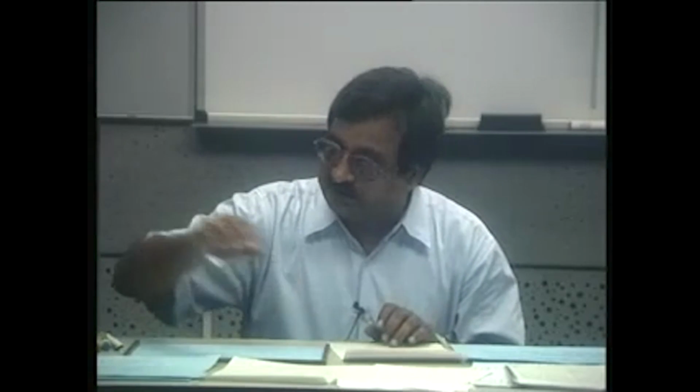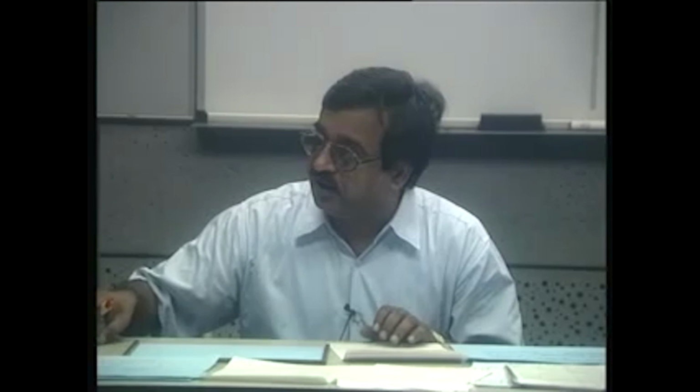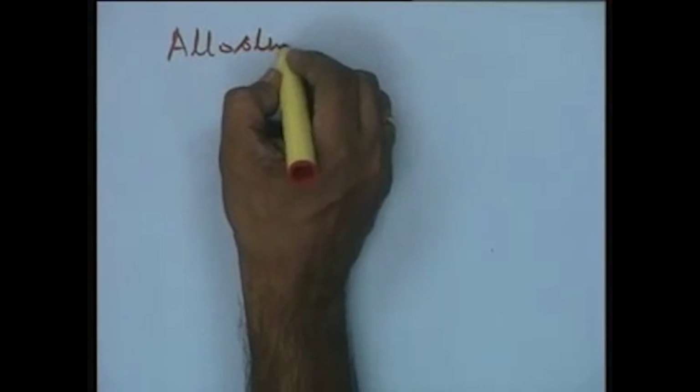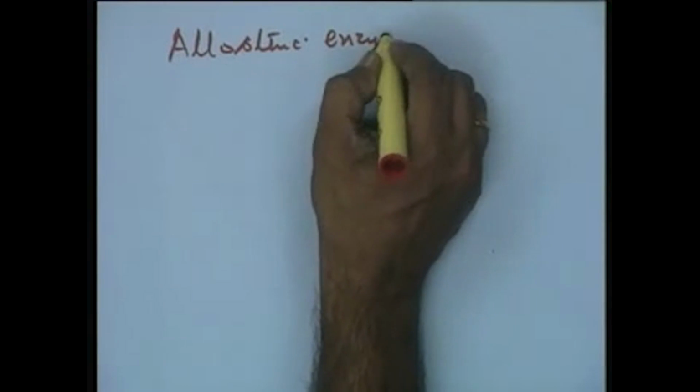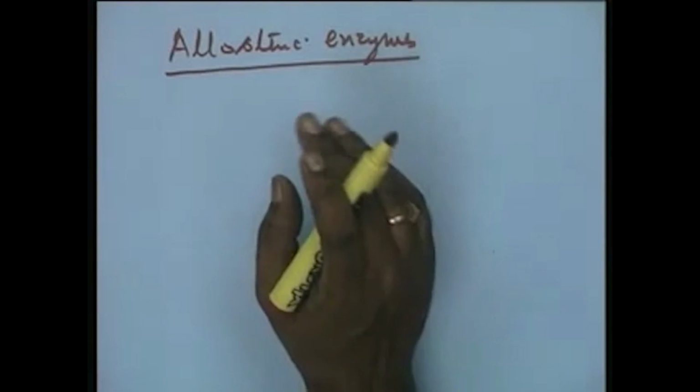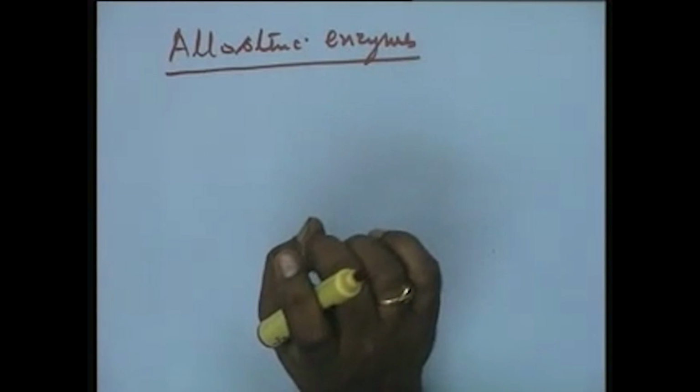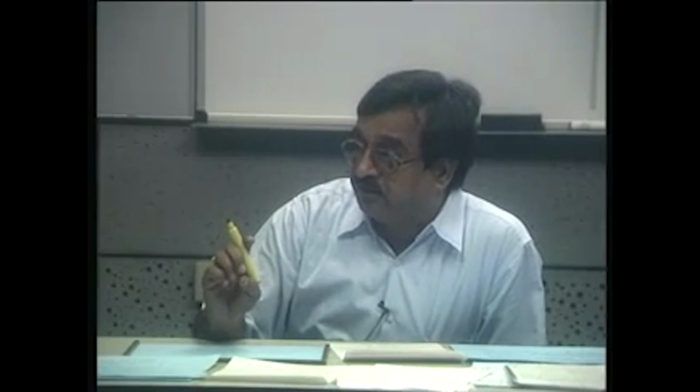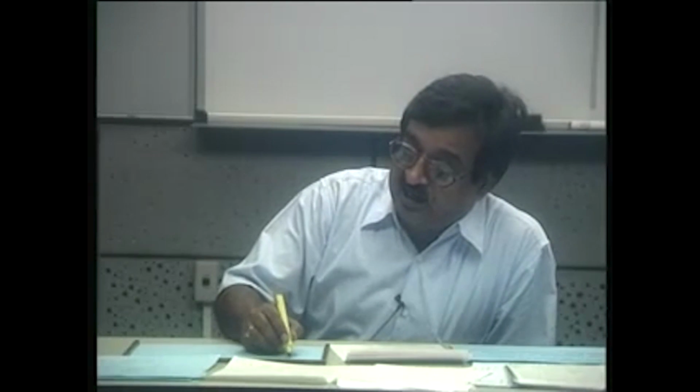Now, to simplify the situation, there is an equation available corresponding to your Michaelis-Menten equation, which can be applied to allosteric enzymes. In the case of allosteric enzymes, we have a simplified rate equation which can describe the rate behavior of the allosteric enzymes, and basically this was given by Hill.